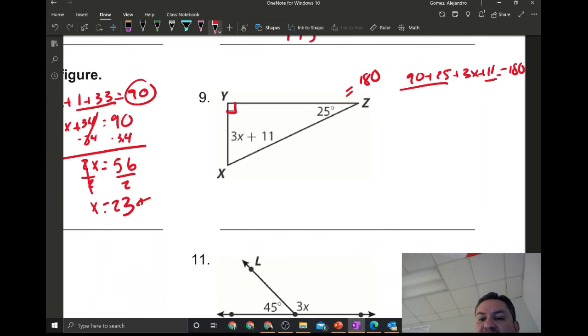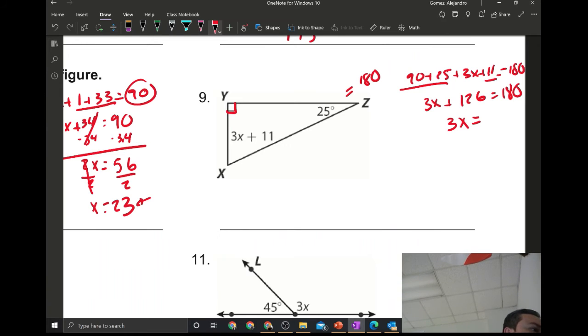Combine like terms. 90 plus 25, that's 115, plus 11, that's 126, plus the 3x equals 180. Subtract 126 on both sides, so 3x equals 180 minus 126, which gives you 54.